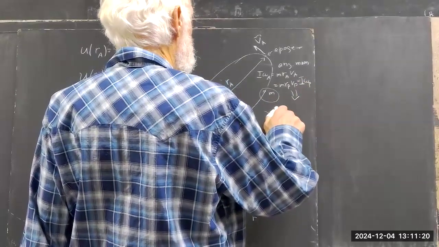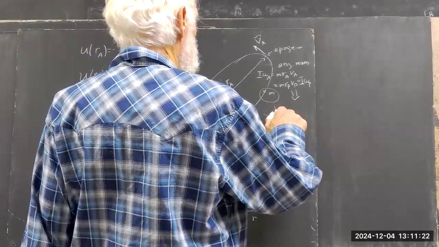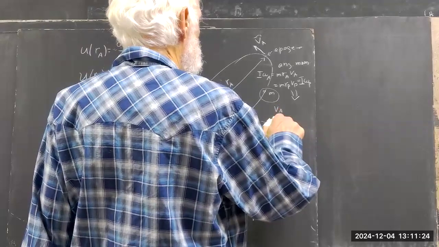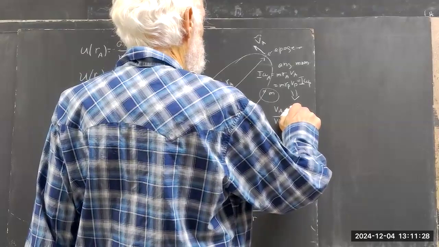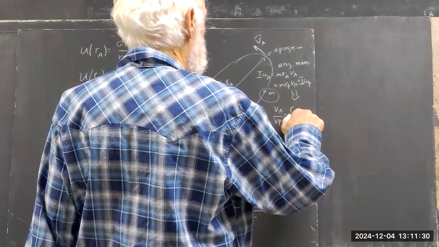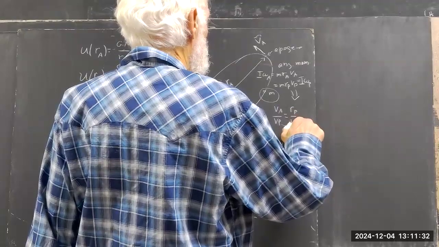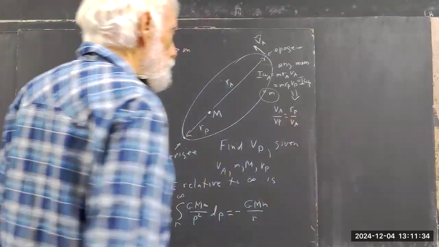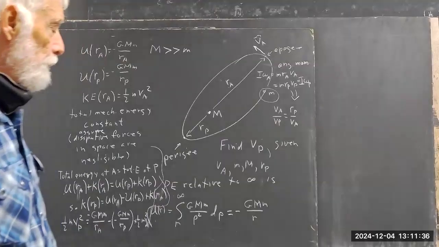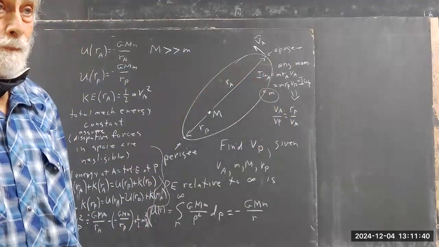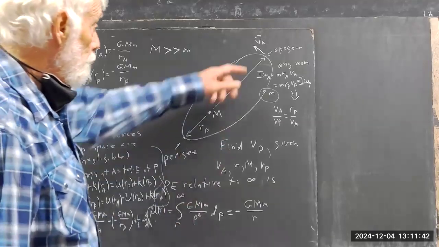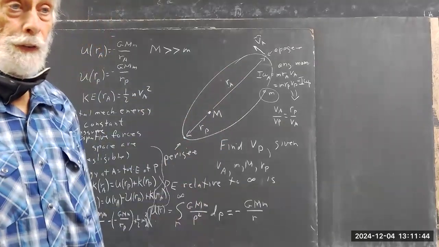This implies that V_A over V_P equals R_P over R_A, meaning that your velocity is inversely proportional to how far you are. So if you're twice as close, you're going to be moving twice as fast.